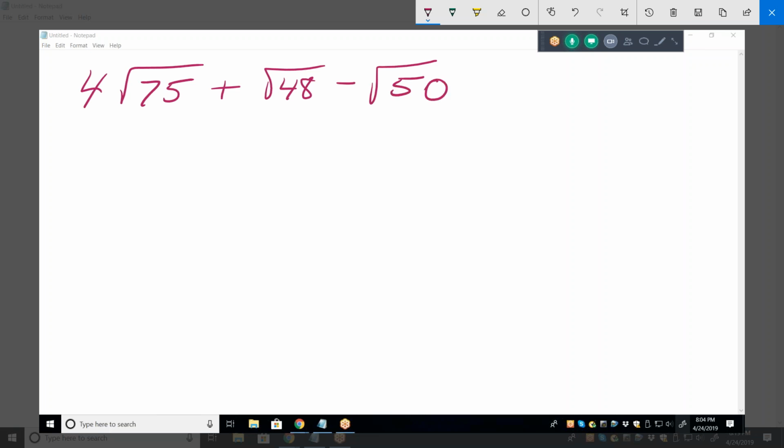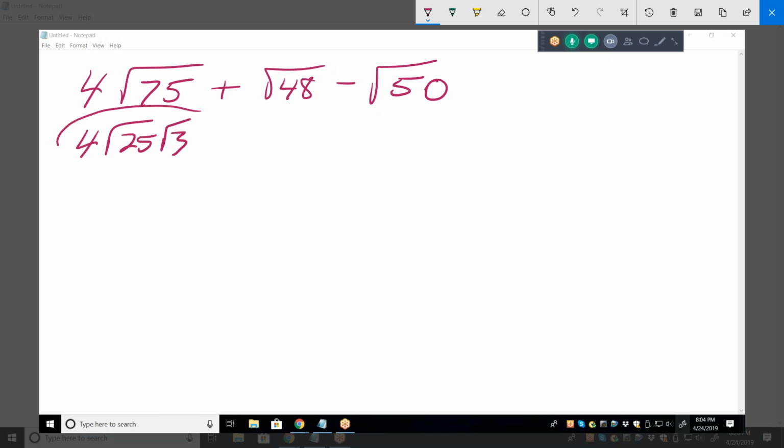Okay. Let's start simplifying and see if we can come down to something common in the radical sign. So, how do I simplify root 75? 25 and 3. Okay, so what does that give you? Gives you 4 root 25 root 3.